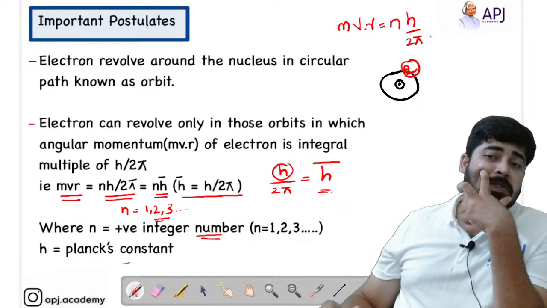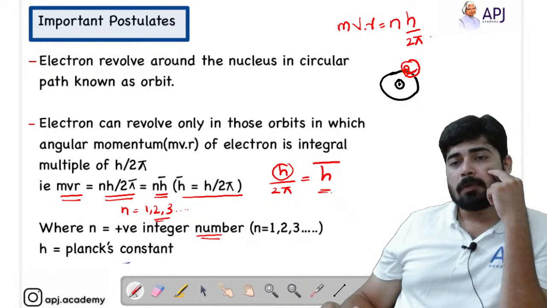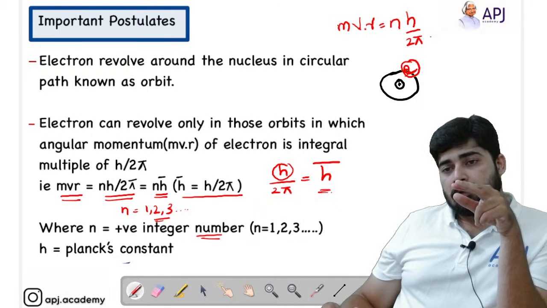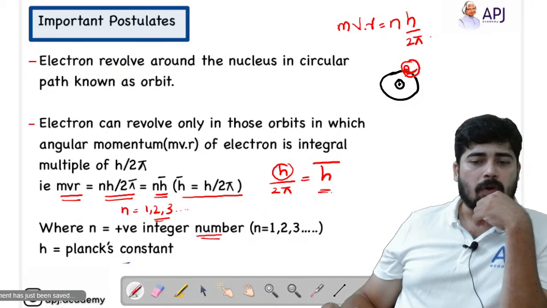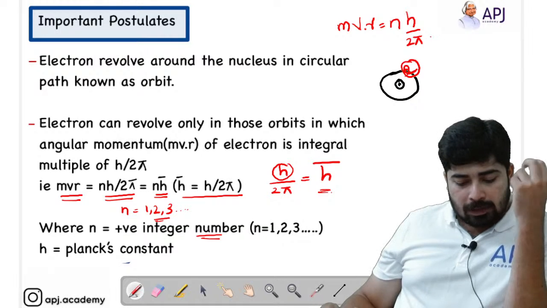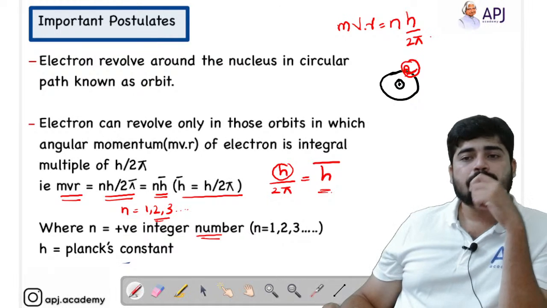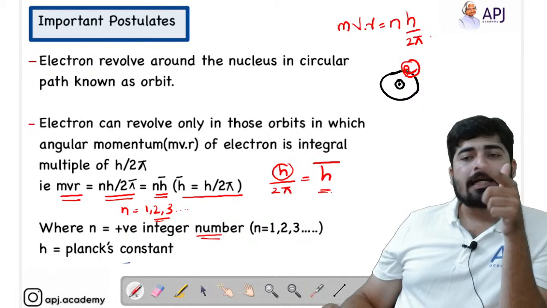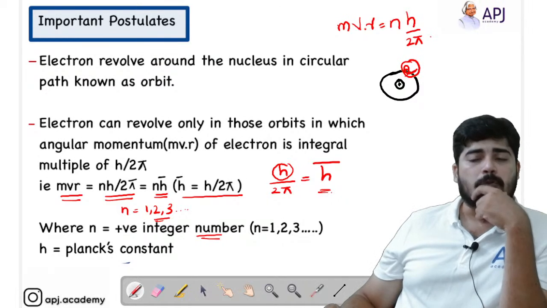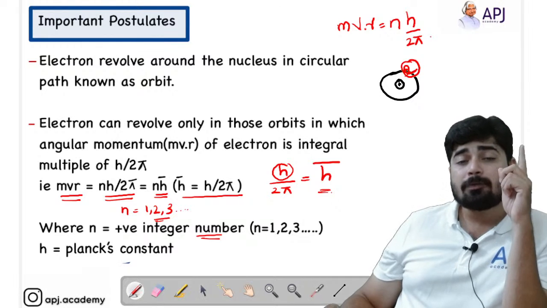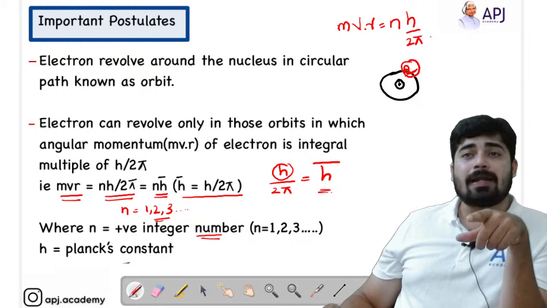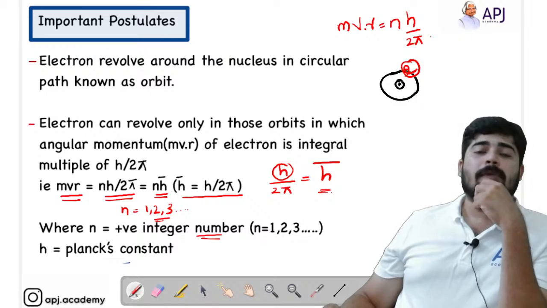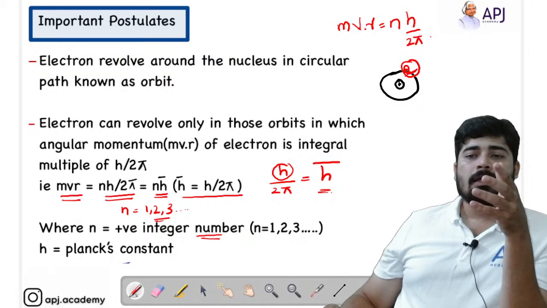And here I want to discuss one of the limitations of the Bohr model. He has taken the constant as h by 2 pi, but Bohr failed to explain why he took h by 2 pi.